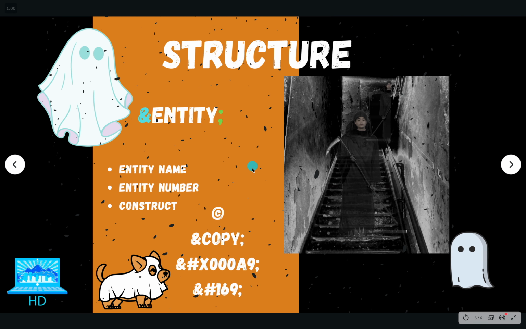They'd rather type less than more, and they'd rather be more specific than really broad. Because if I look at this or this, I don't know what I'm typing, right? But if I do this one here, the entity name, I know that it has something to do with the copy. So that is the entity structure. You can use one of these references, but regardless of which kind of reference you use, you always need an and symbol and a semicolon at the end.